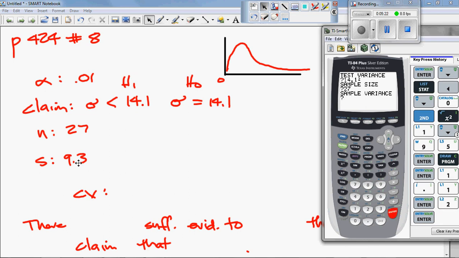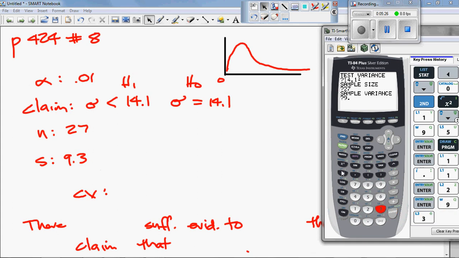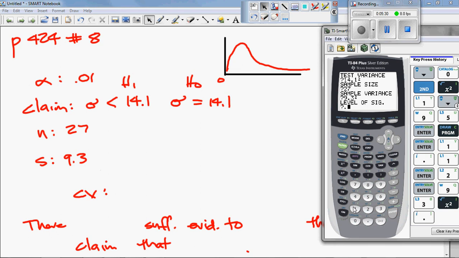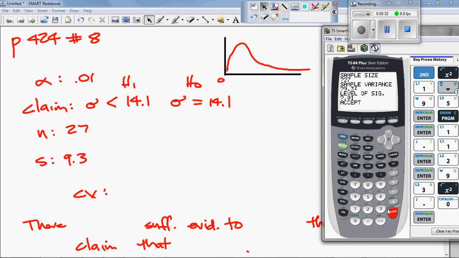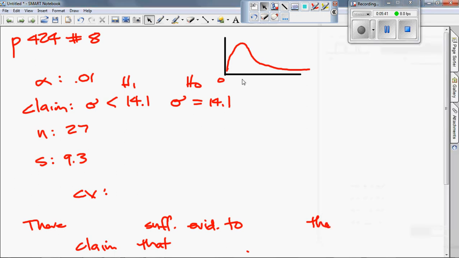And the sample variance would be 9.3 squared. Significance level 0.01. And we're going to write down our test statistic, 11.31.